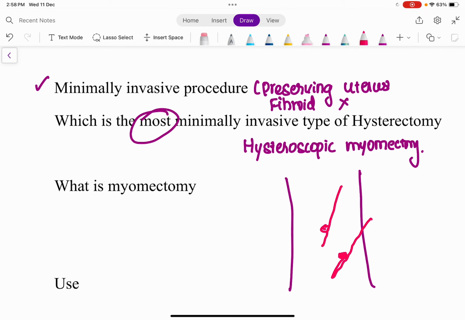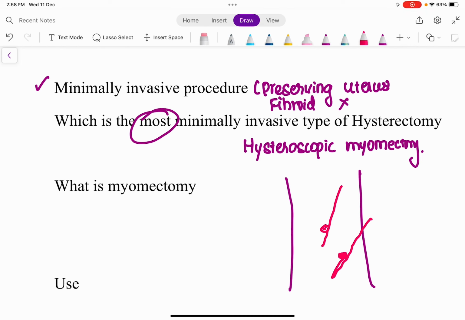So ideally you are artificially creating a port, and you have to create a pneumoperitoneum in order to achieve a clear view of the pelvic structures as well. So laparoscopic myomectomy is a conservative management, but you are creating some ports and introducing the instrument inside the abdominal wall.